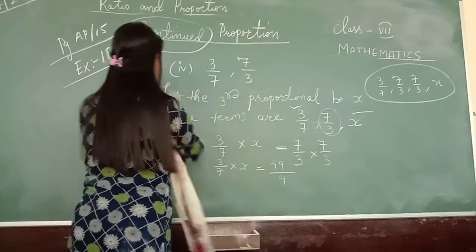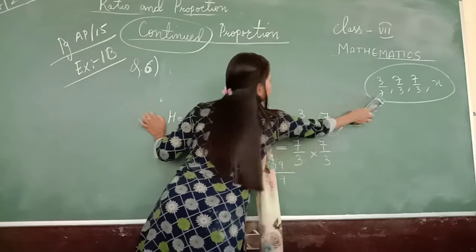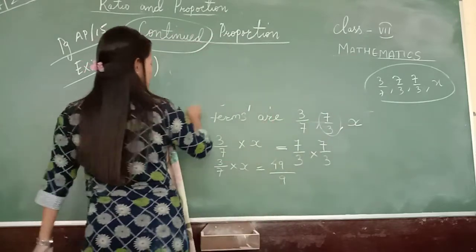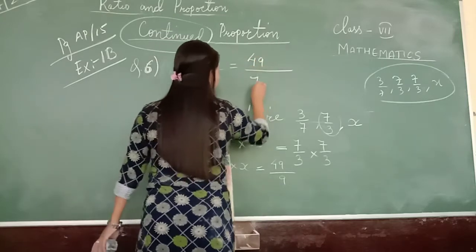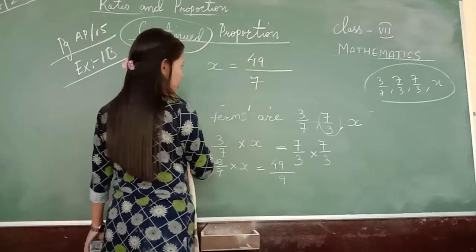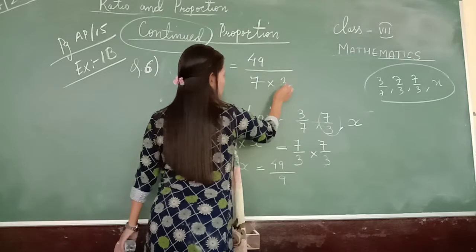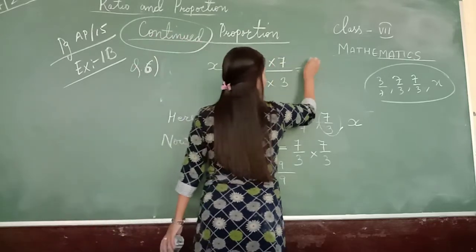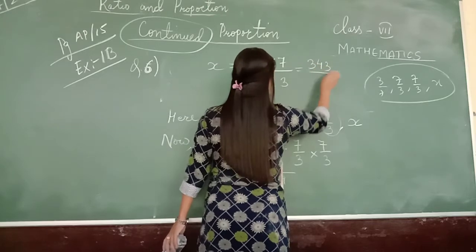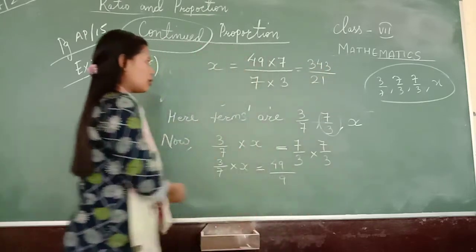Okay, so from here let us find the value of x. So x will be equal to 49 by 9 times 7 by 3... This 3 becomes the denominator on the right hand side. This 7 becomes the numerator. That is equal to 343 by 21.